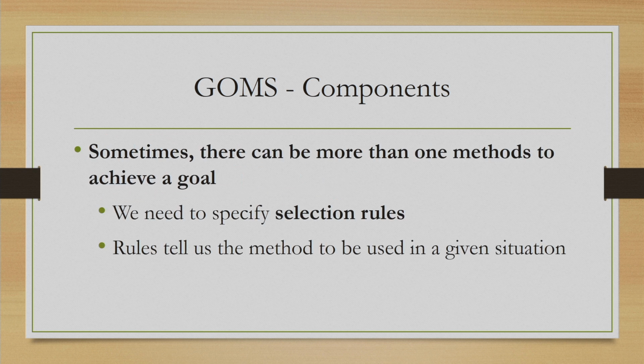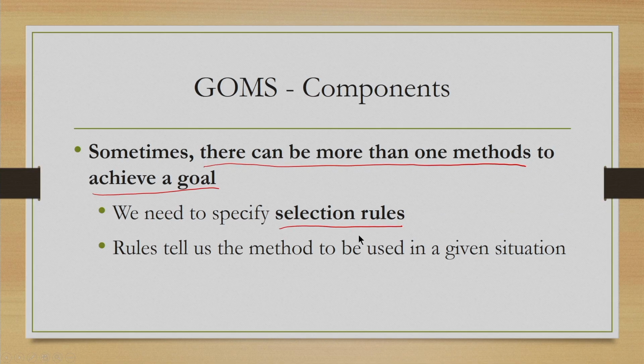Finally, comes the idea of selection rules. This concept refers to the fact that sometimes there can be more than one method to achieve a goal, and both the methods we have to define in the model. But the question is which method to choose and under what circumstance, what are the criteria for choosing a method.